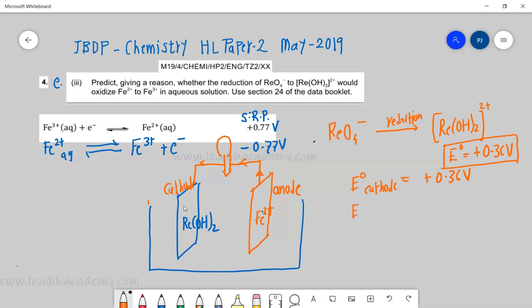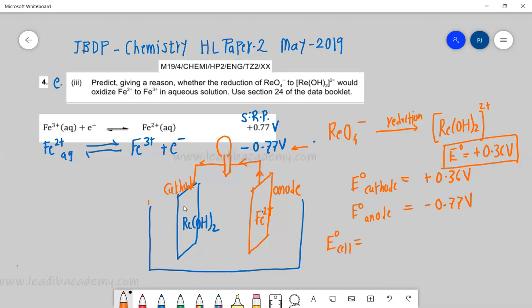Then how much is the E naught anode? Just now we have seen this is E naught anode, equal to minus 0.77 volts. Now basically we just calculate the E naught of cell. How do we calculate E naught of cell?